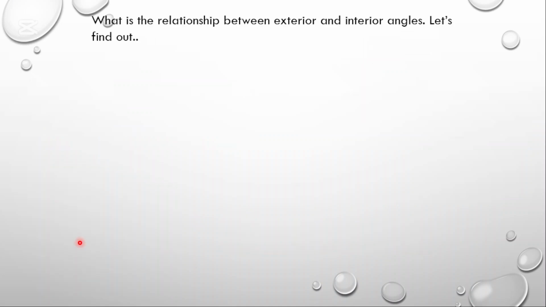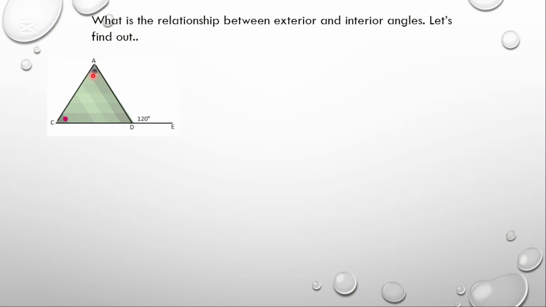Now, what is the relationship between exterior and interior angles? Let's find out. Here I have this figure over here. This angle here is the exterior angle. This one is the adjacent angle.